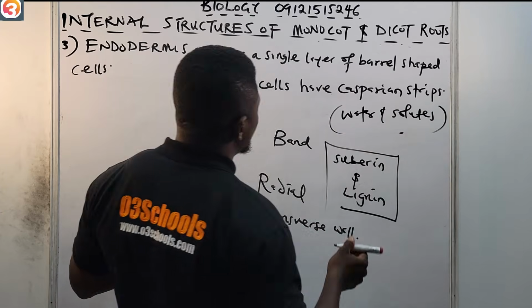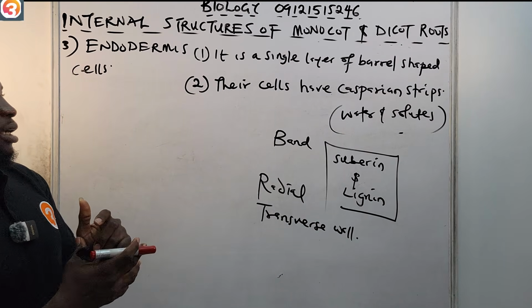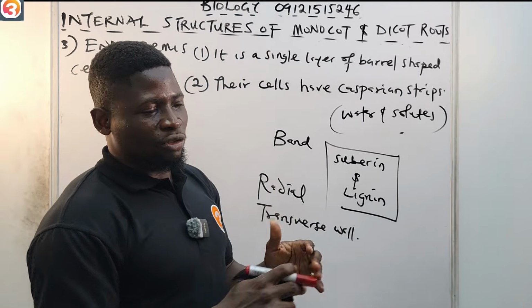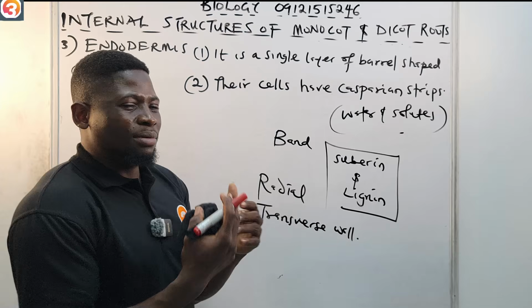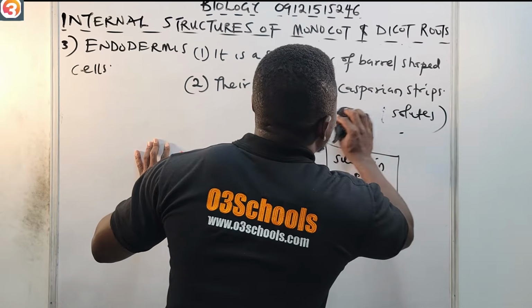So that is that for number two. They have Casparian strips, bands of lignin and suberin, that help in the conduction of water and solutes.